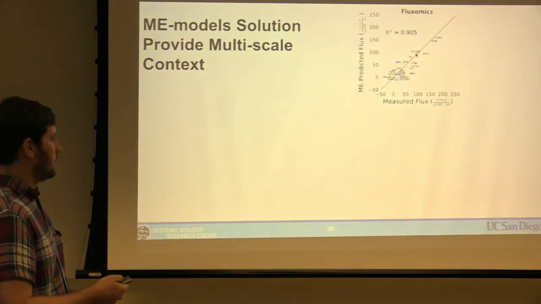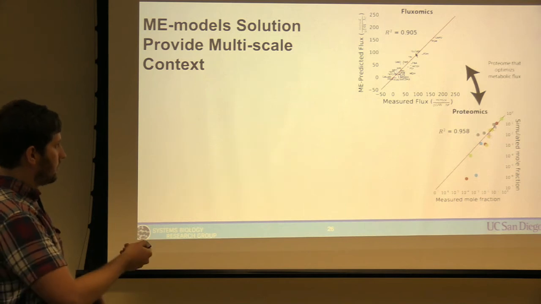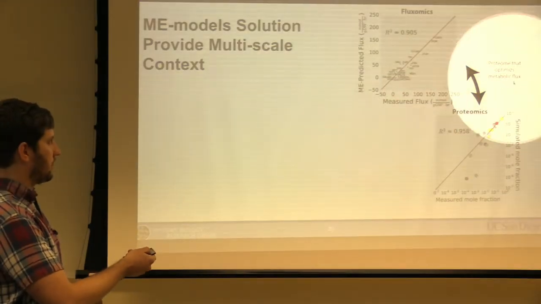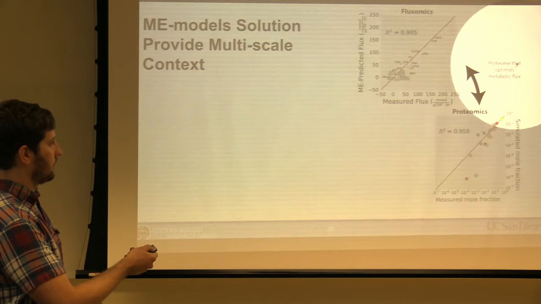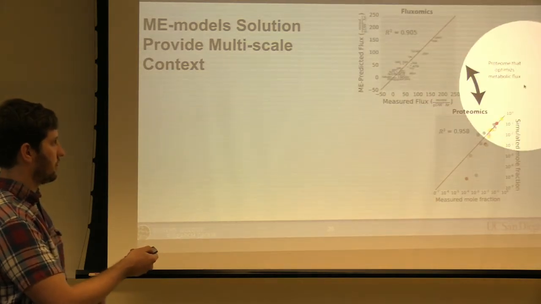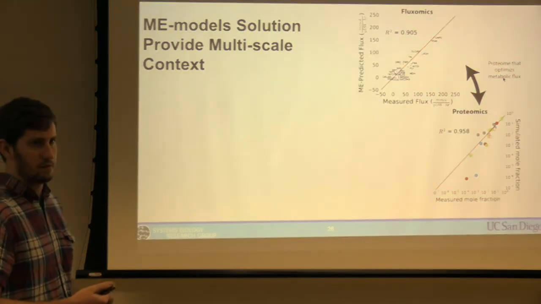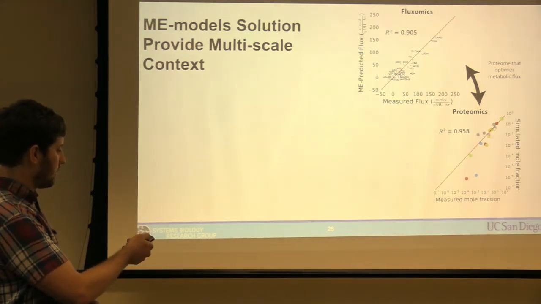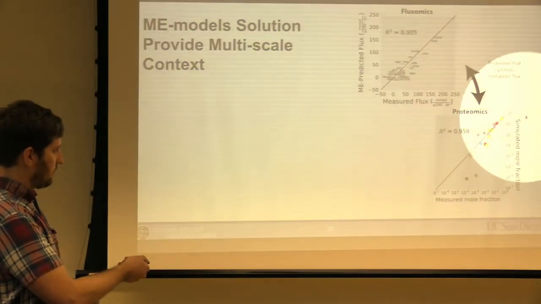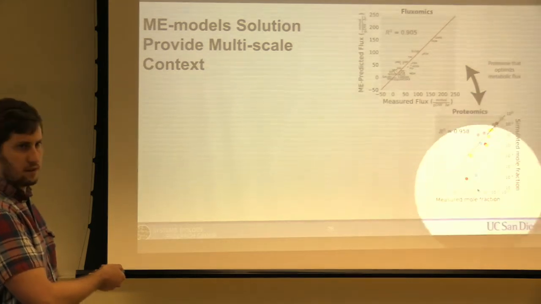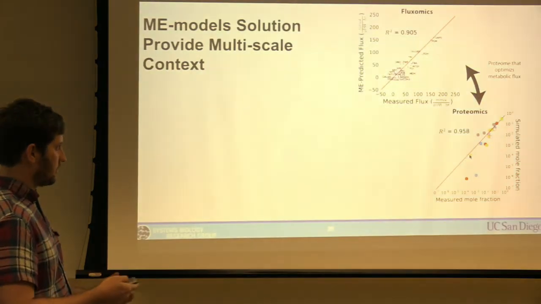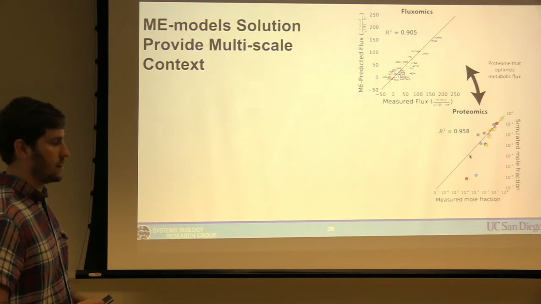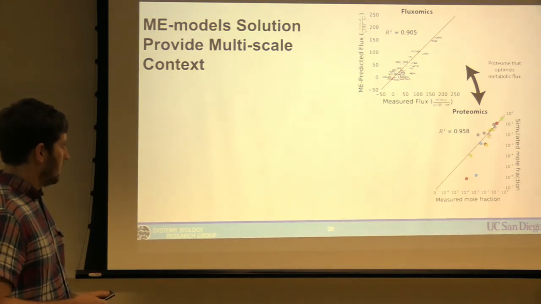But unlike M models, we're also going to have to predict the proteome that actually optimizes the metabolic flux seen here, so that the proteome optimally catalyzes all those different reactions. And you can compare this with proteomics data based on the mole fraction of each of the different proteins, and it agrees, at least when you group them into COG categories, pretty well.